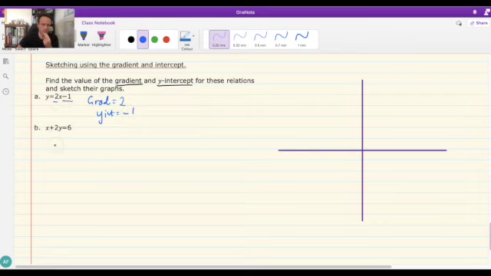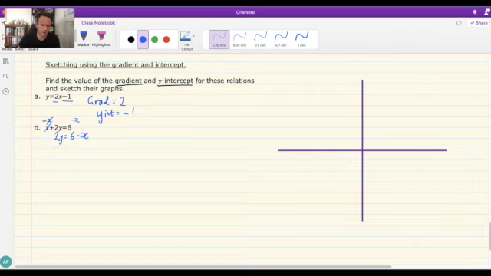And then over here, I'm going to put this into the y equals mx plus c version of the relation. So I'm going to get the x over here. If we take x from this side and take x from this side, they will disappear. So 2y equals 6 minus x. Then divide it all by 2.